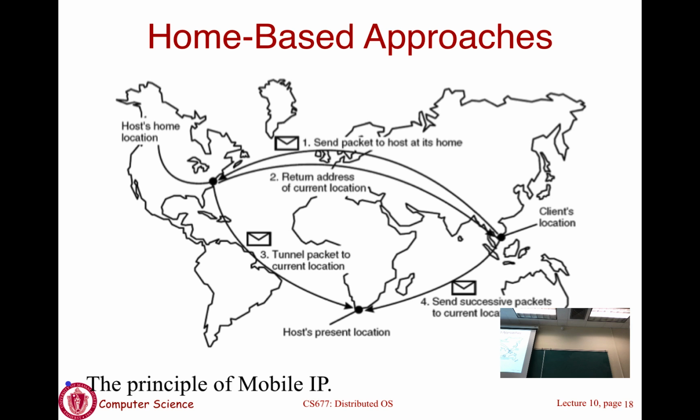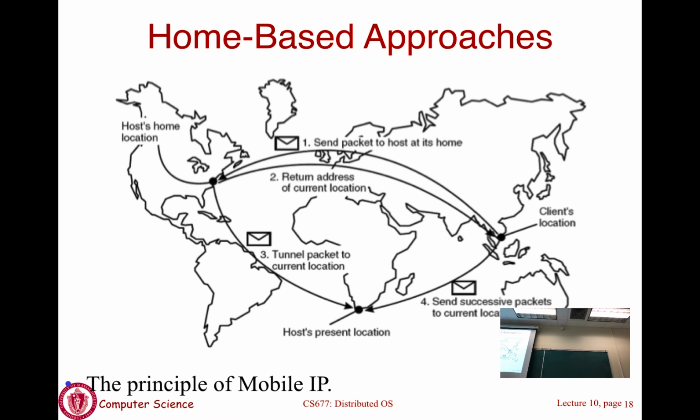If you come here, you are going to get some DHCP address, or maybe you connect to eduroam, you are going to get an IP address. You go home, you get a different IP address. Some external entity wants to connect to you, what would you do? Mobile IP is handling that scenario where you assign a home location which is responsible for tracking you at all times and figuring out what your IP address is, regardless of what administrative domain you are in.